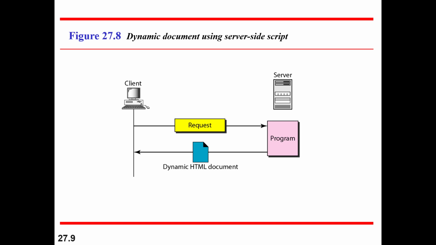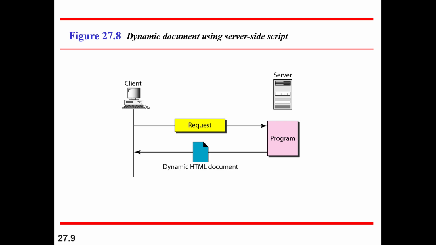A dynamic document is created by a web server whenever a browser requests the document. When a request arrives, the web server runs a script that creates the dynamic document. The server returns the output of the script as a response to the browser that requested the document.